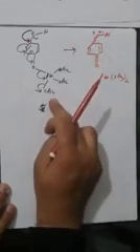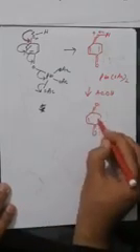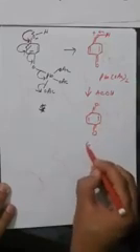An acetate has left from this intermediate, and in the next step you get deprotonation. This hydrogen ion and the leaving acetate both form acetic acid, and finally you get this benzoquinone.